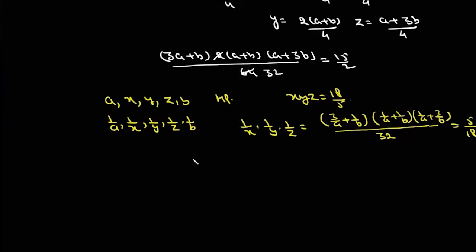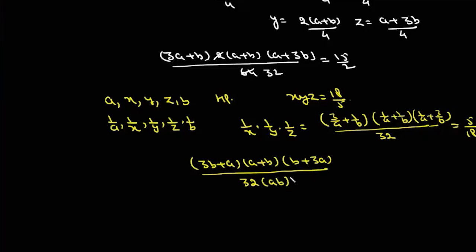So we can write this as (3b + a)(a + b)(b + 3a)/32, and this over ab cubed will be equal to 5/18. Now we know that this (3a + b)(a + b)(a + 3b)/32 is equal to 15/2.